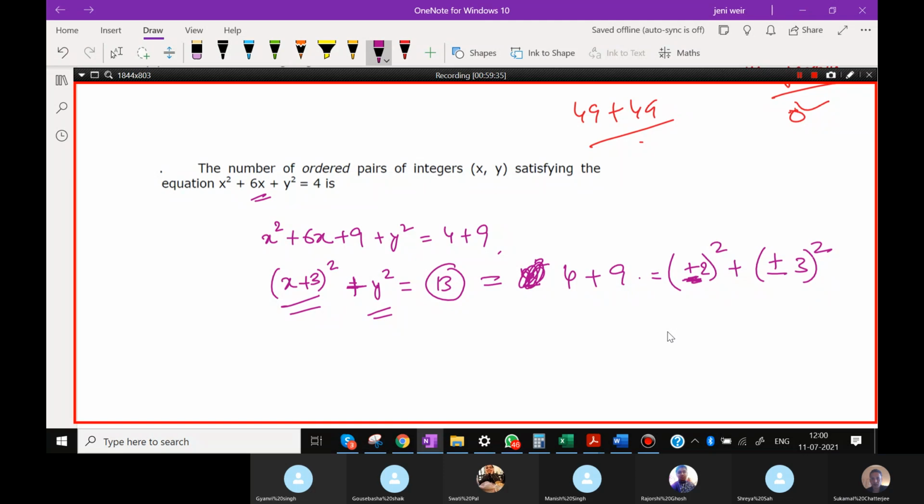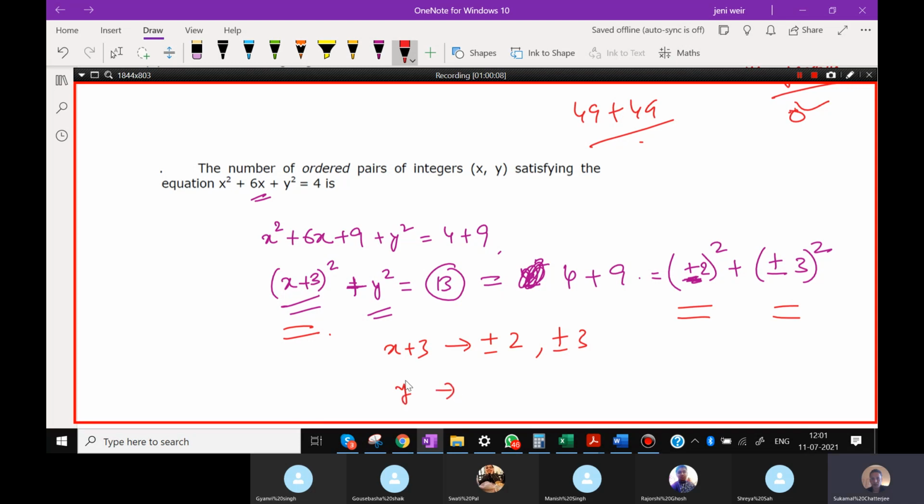Okay. Now, that means x plus 3 can have values either this or this. So x plus 3 can have values of plus or minus 2 or plus or minus 3. That means it can have 4 values, right?